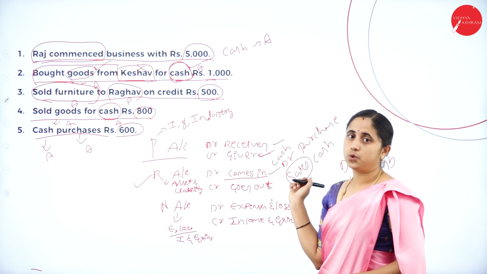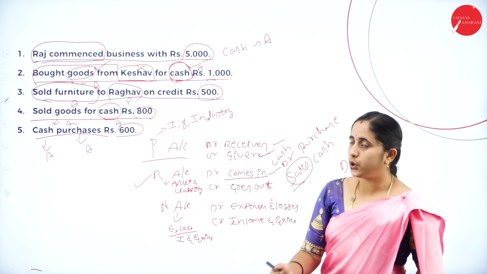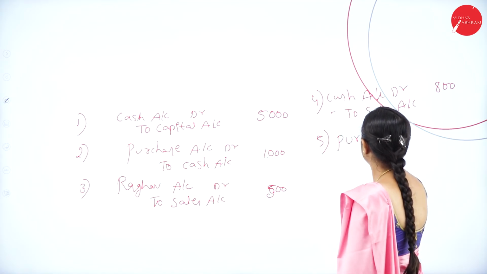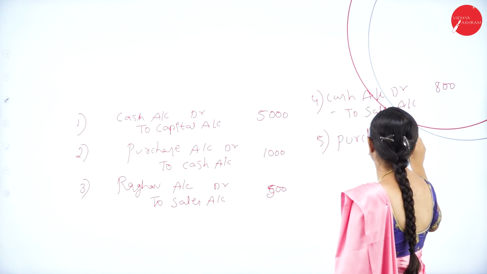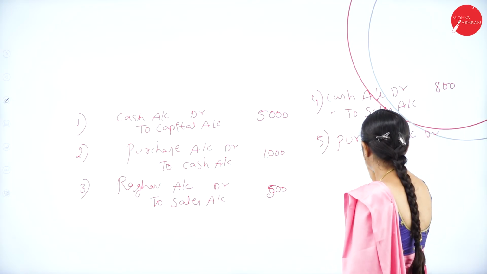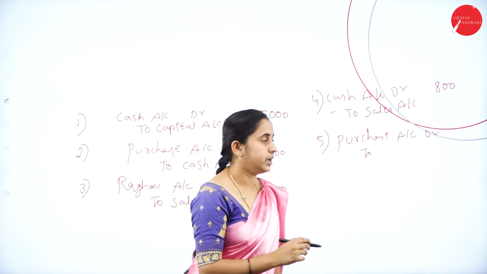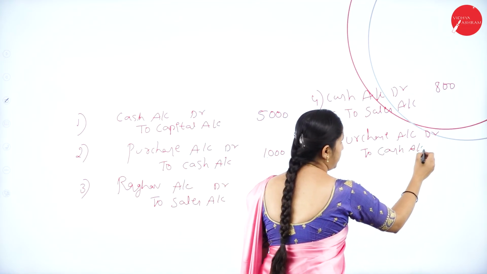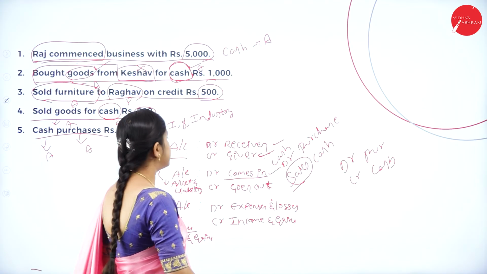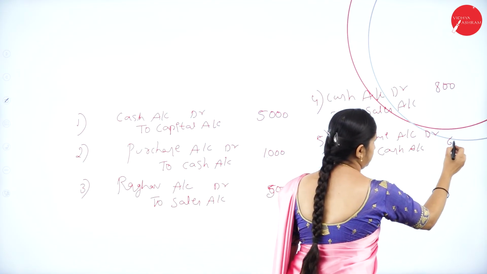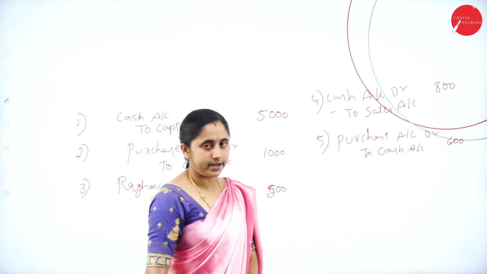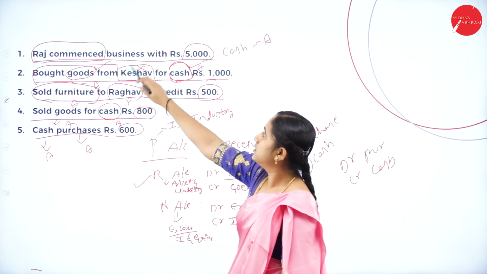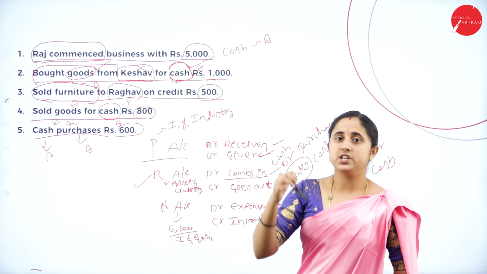Here purchase, the goods is coming in and cash is going out. Purchase account debtor to cash account of rupees 600.